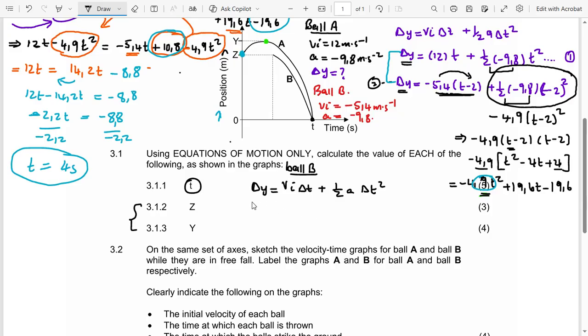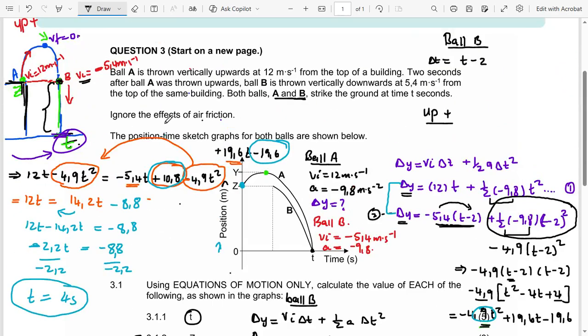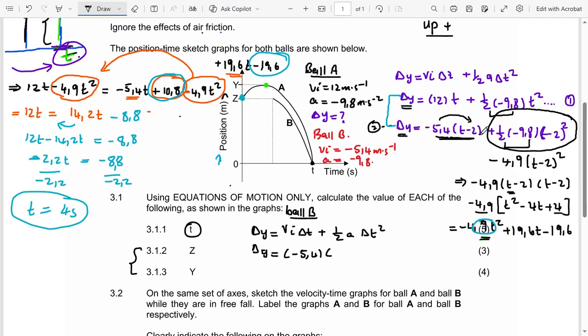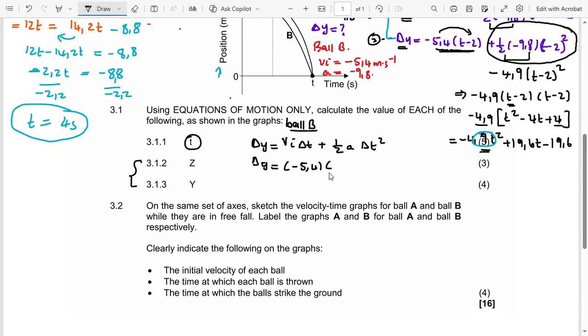I'm going to do the substitution. My delta Y will use the V initial of ball A, which we set as minus 5.4. The time for ball B is T minus 2. Now we know that T is 4, so 4 minus 2 gives us 2 seconds. So I need to substitute the time as 2 seconds.